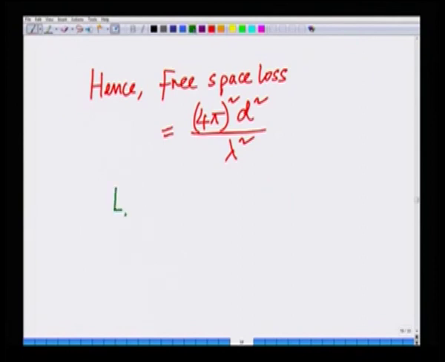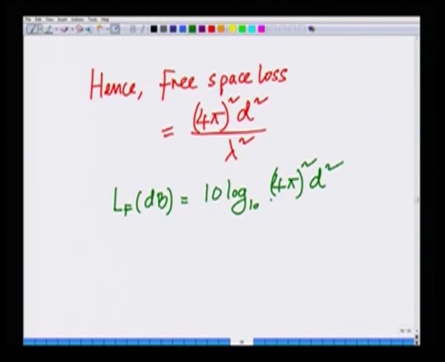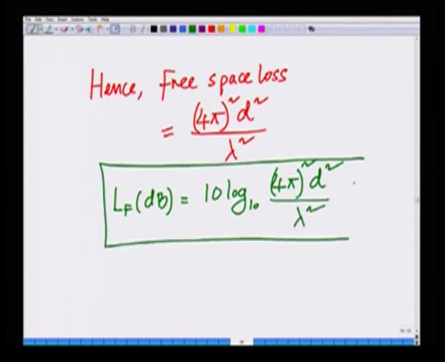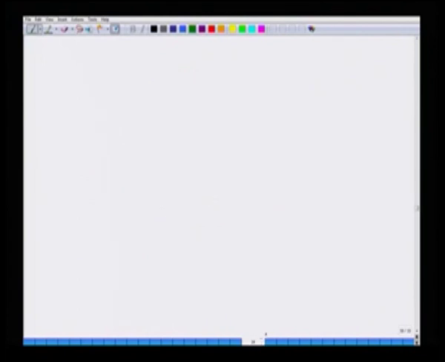Hence, the free space loss in dB is nothing but 10 log 10 of 4 pi whole square d square by lambda square. This is essentially the free space loss in dB. So, this is the expression for the LF component. Now, let us look at the Tx and Rx antenna height gain factors.